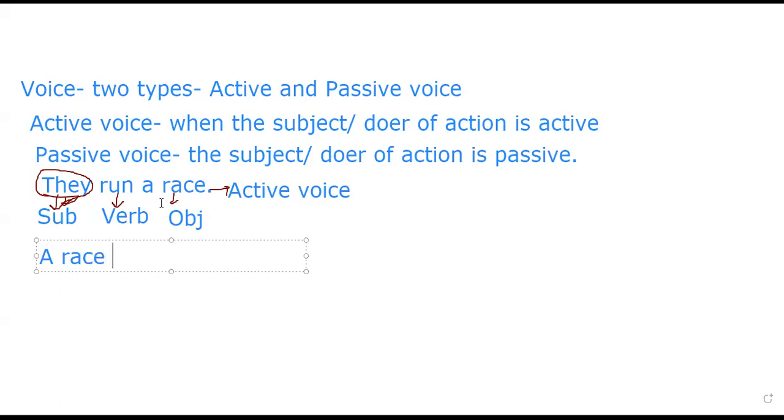Now, they run a race is present indefinite tense. So accordingly, we will use is, m, r. So a race is, now in passive voice we always use third form of the verb. So a race is run by them. They will change into them.